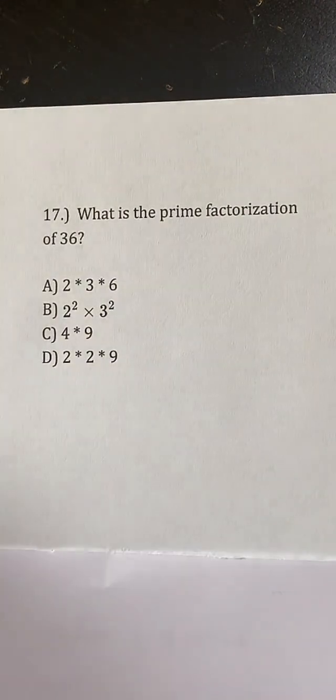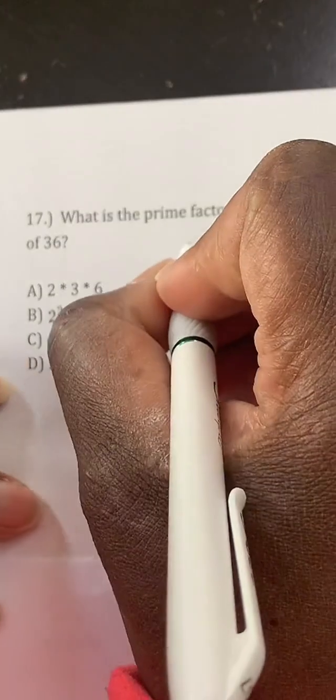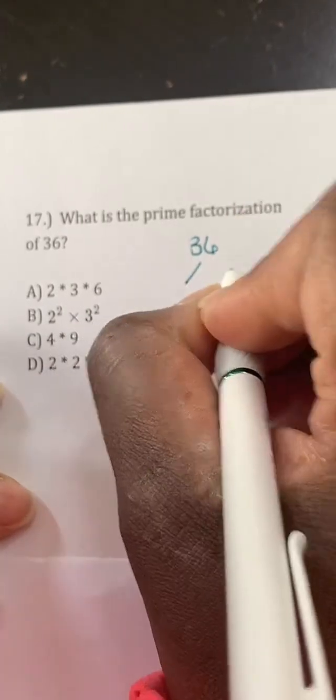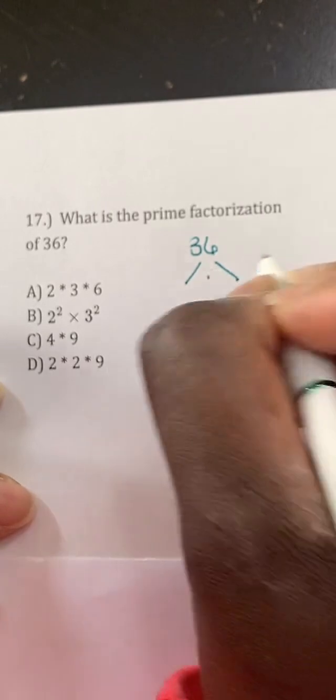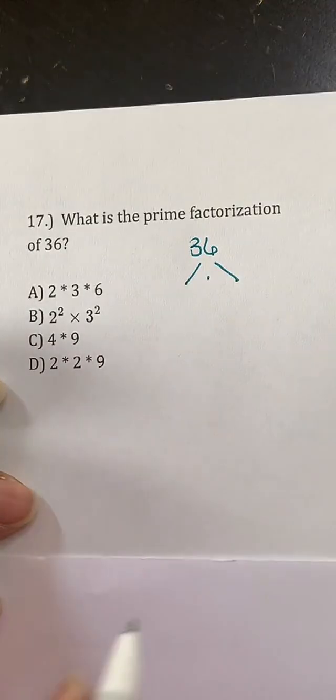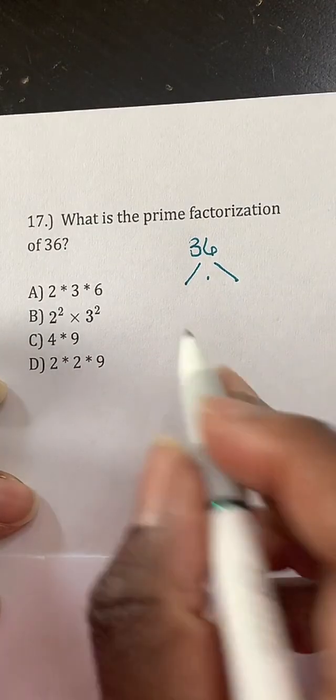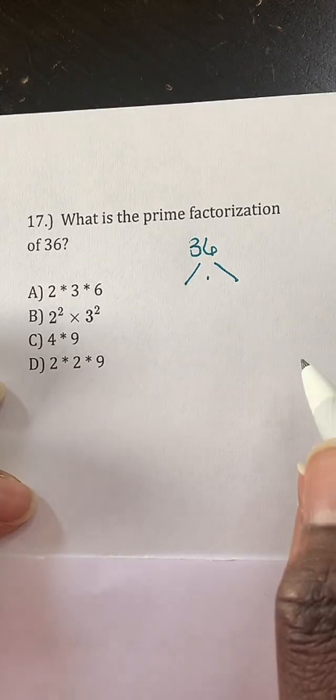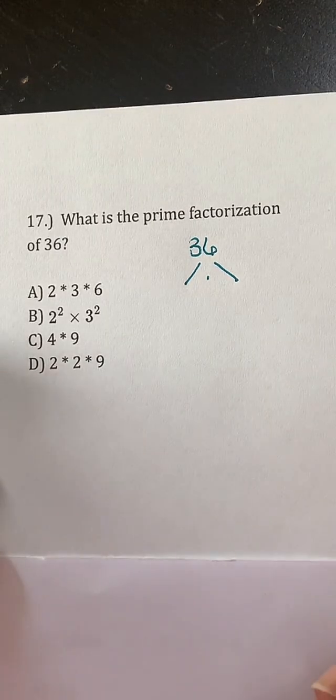Now, the way that we're doing prime factorization, it's almost like that factor tree that we had back in the day. We start with the 36, and then we think, what two numbers can I multiply to give me 36? Some people will say 6 and 6, some will say 4 and 9, some will say 12 and 3.